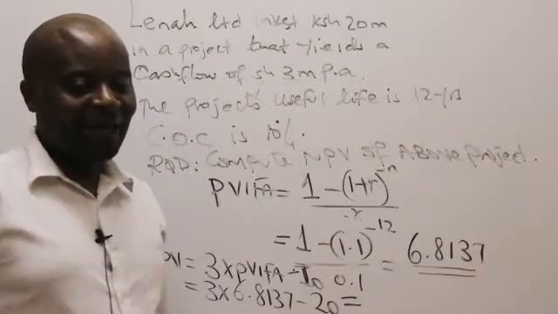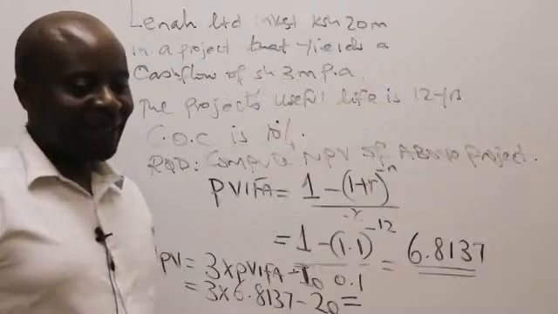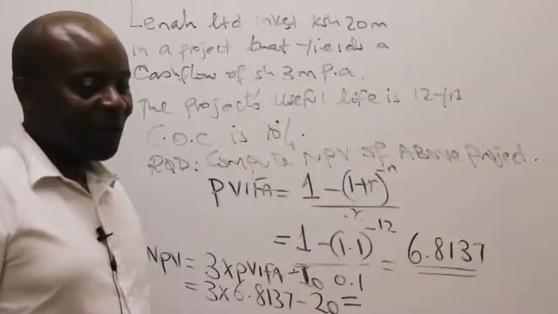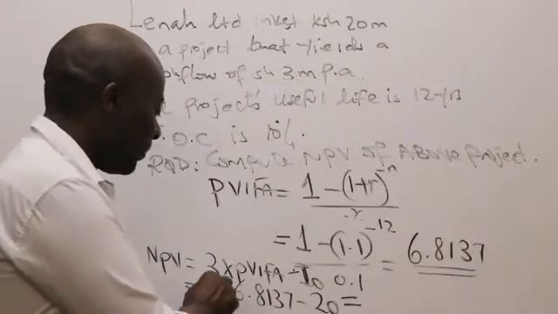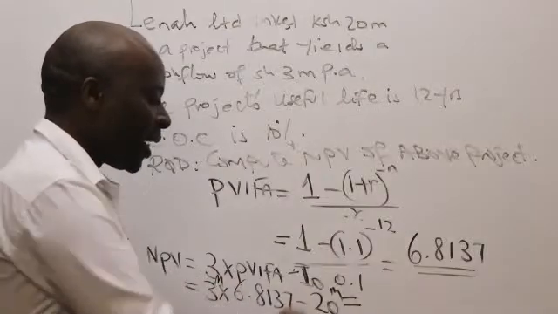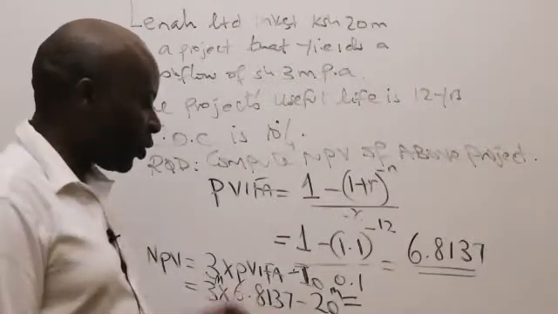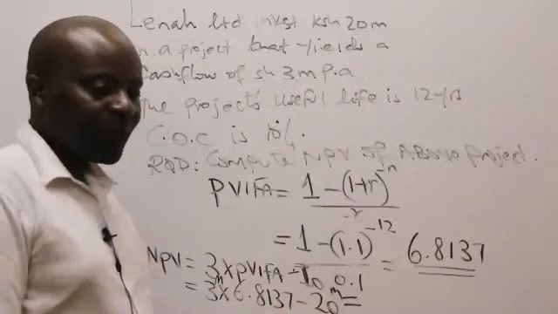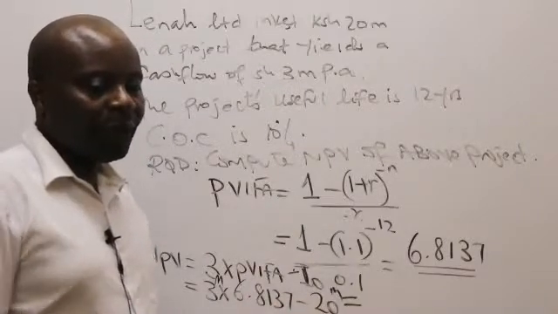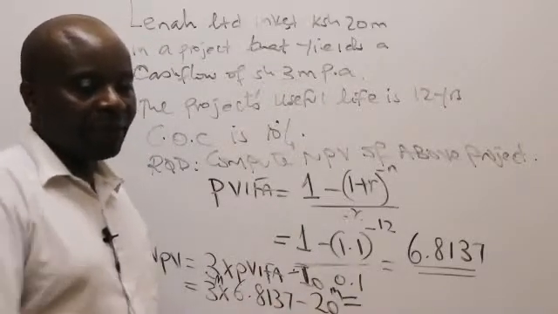0.47. So what the brother has done, he has millions there and millions there, right? So it's 3 million times this minus 20 million. If you decided to do away with the millions, then you should be getting 0 point something.